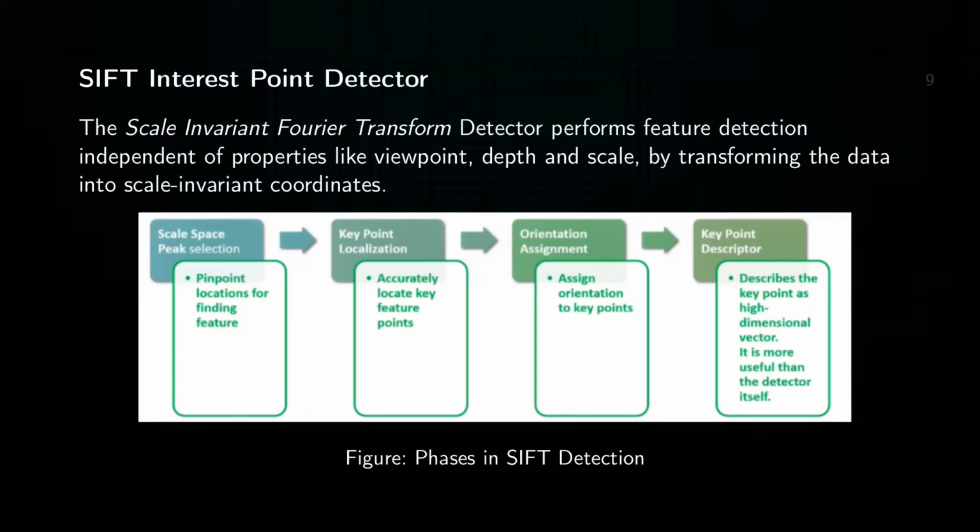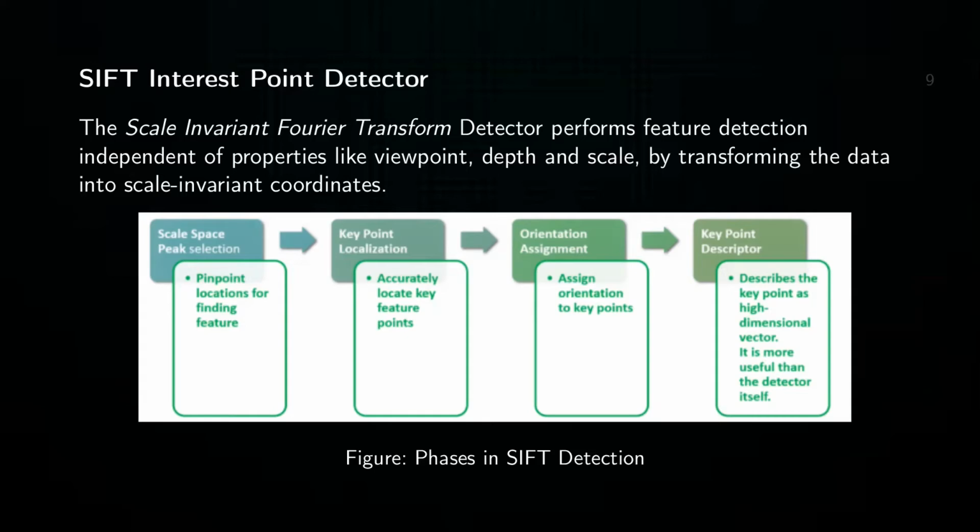Then key point localization. This is similar to the thresholding that we saw in Harris corner detection, and the key points are accurately located. The key points which do not conform to a certain threshold value or lie on the edge, and are labeled as unstable key points, are ignored.